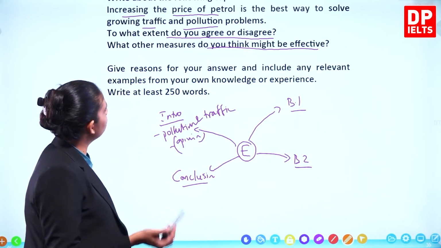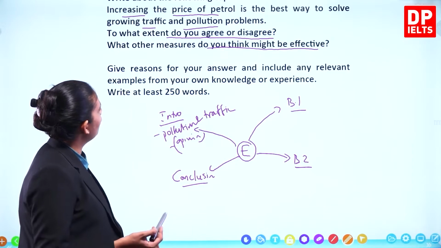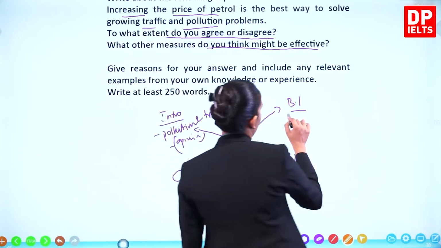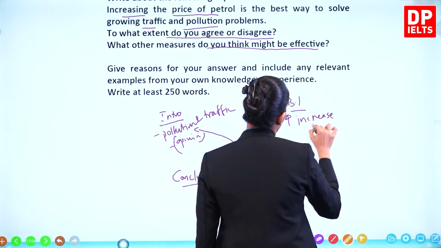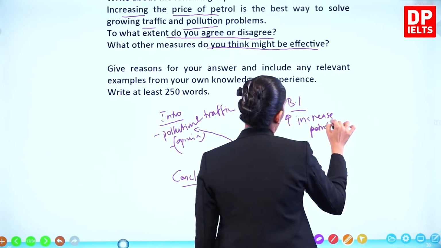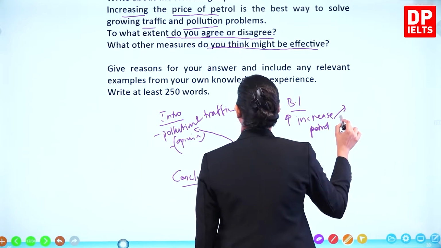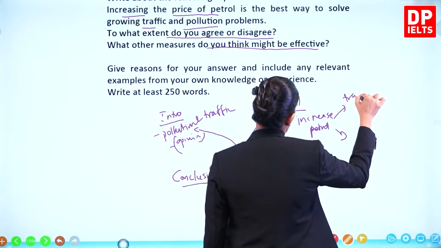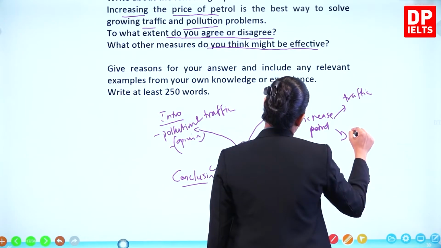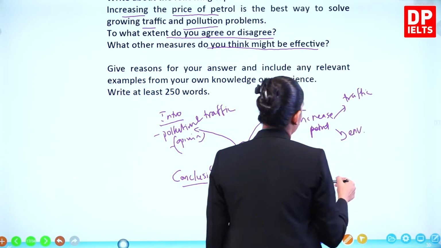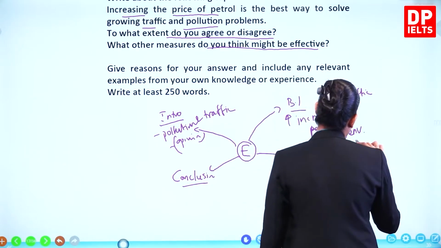And then body 1, right? Increase in petrol. So I'd like to talk about increase in petrol, how it affects the traffic as well as the environment. Okay, so that is talking about pollution.